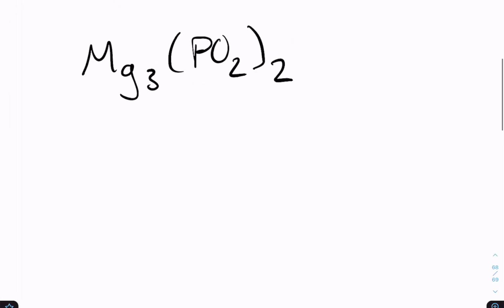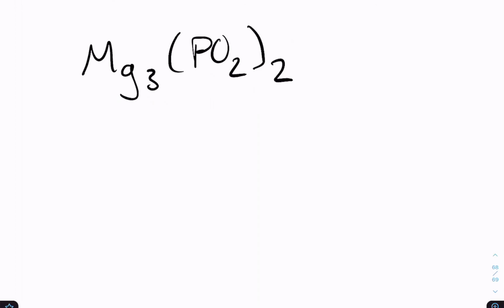First element is magnesium. And then what's the oxyanion of phosphorus base form? PO4 3 minus, phosphate, yeah. So this would be 2 fewer oxygens than that. So this would be magnesium hypophosphite.